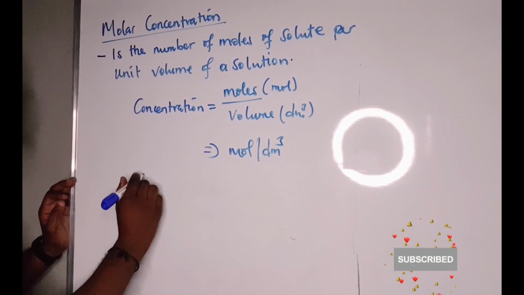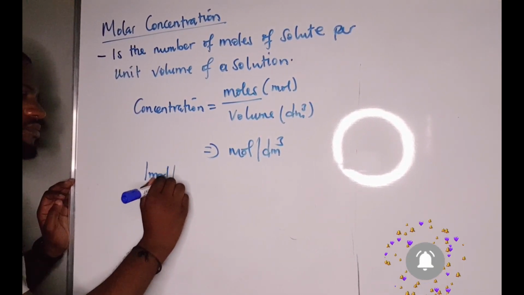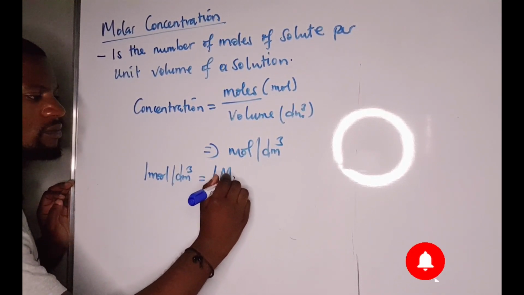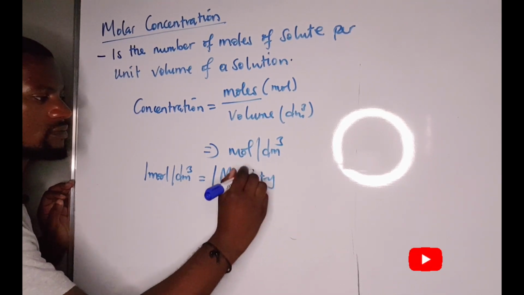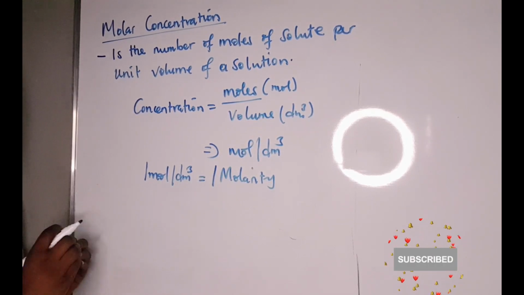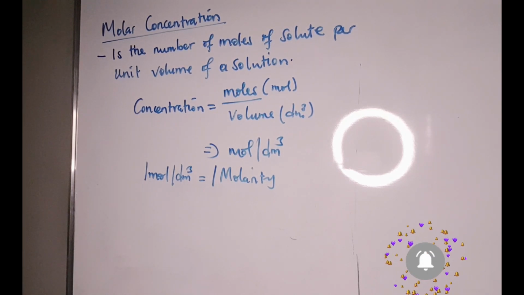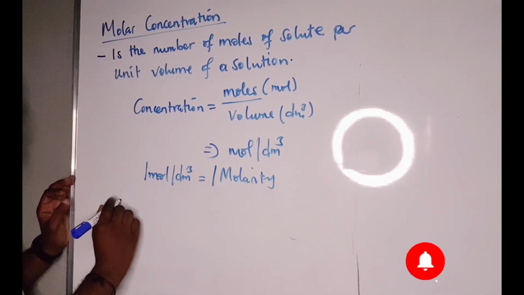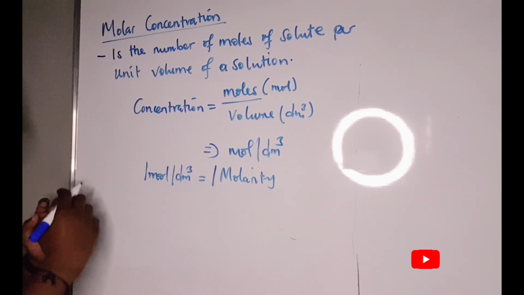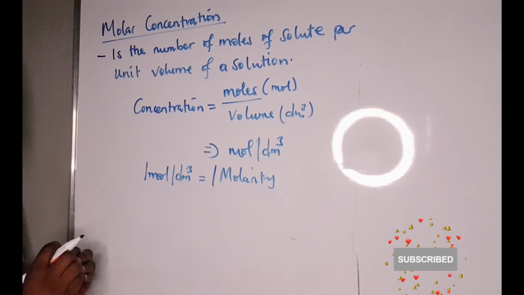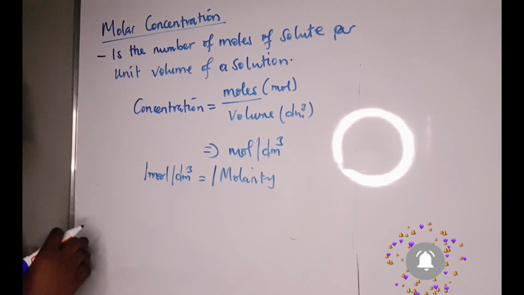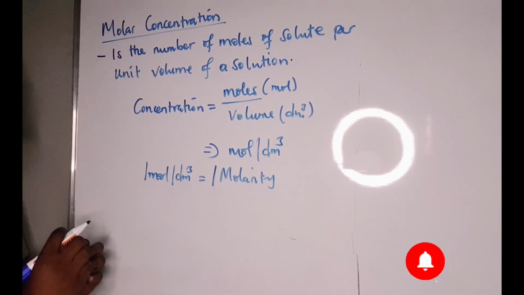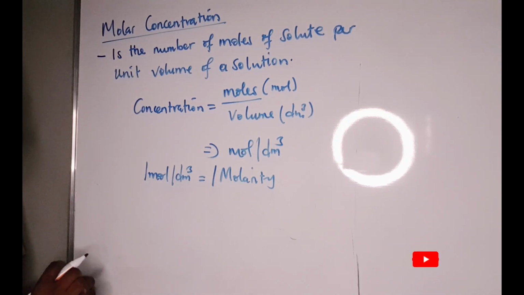We can say 1 mole per cubic decimeter is equal to 1 molarity. So in short, molarity or molar concentration is equal to number of moles divided by volume, where the moles are in mole and the volume is in cubic decimeters.